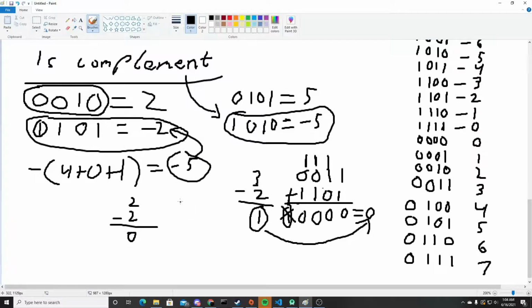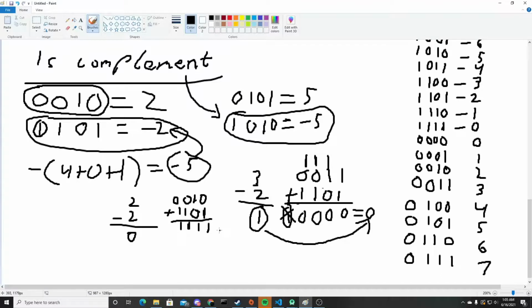So we would have a positive 2, which would be 0, 0, 1, 0. And then we would do plus the negative 2 in 1's complement, which would be 1, 1, 0, 1. Let's see what the result is. We would get 1, 1, 1, 1.